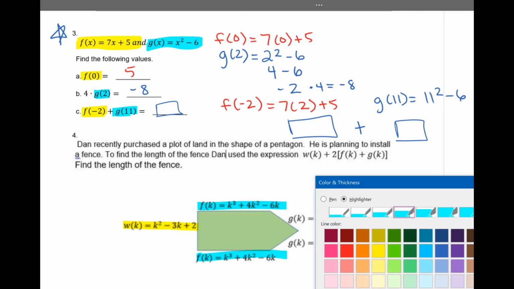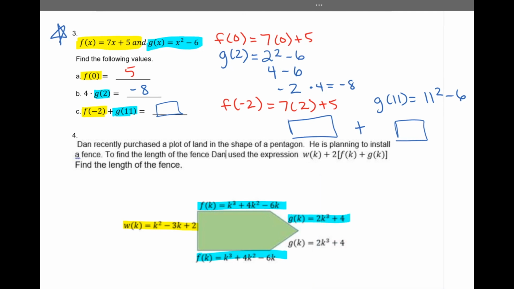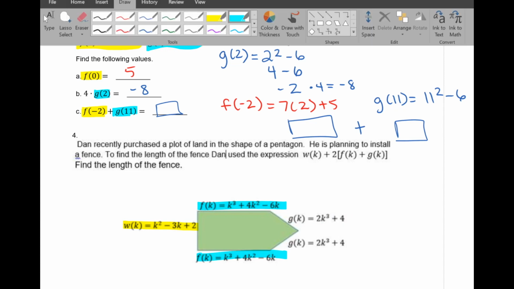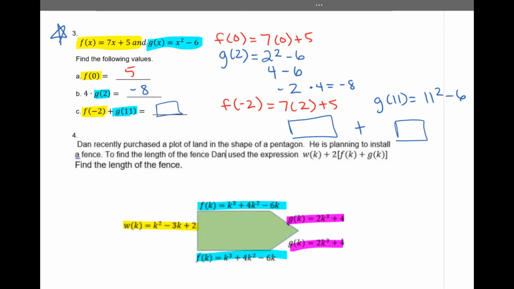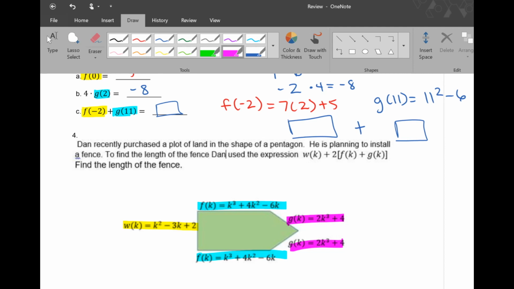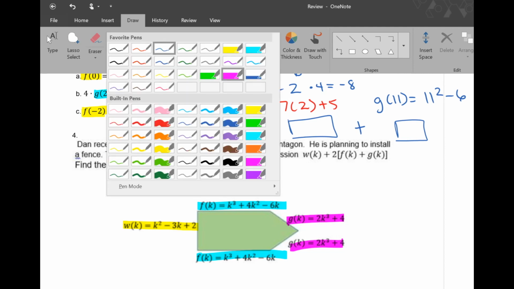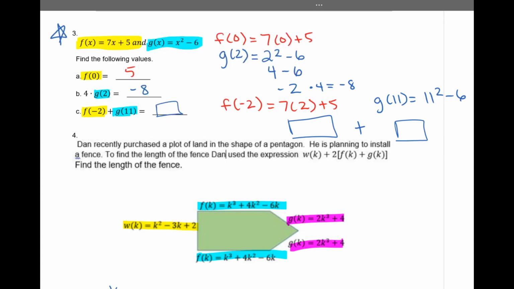So that, and then let's make this one purple. Right there. So we're taking all of these sides and we're adding them all together. So let's take k squared minus 3k plus 2 plus 2.